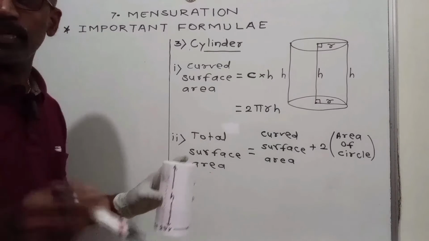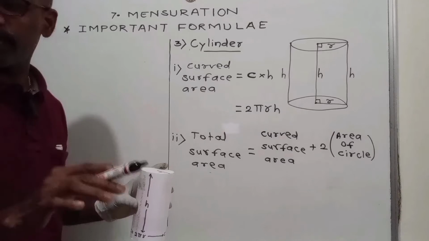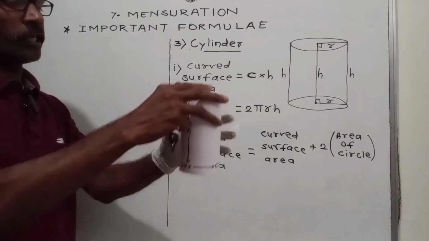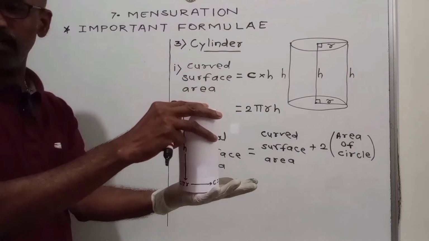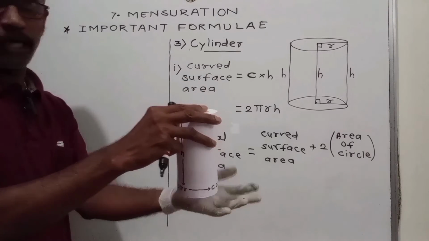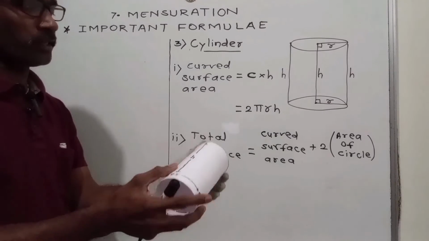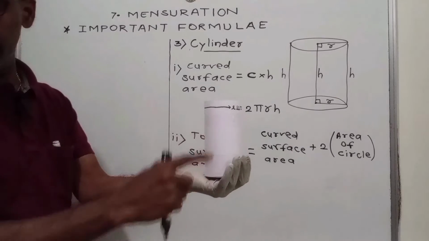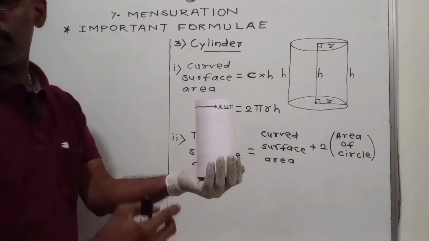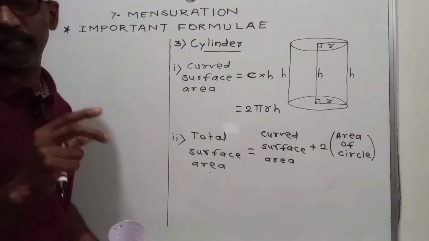So I said right circular cylinder. When we keep it this way, then these faces are perpendicular, and when we take this upper part downward, then also these surfaces are perpendicular. So we say right circular cylinder.